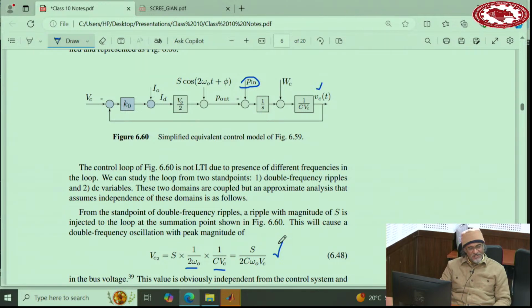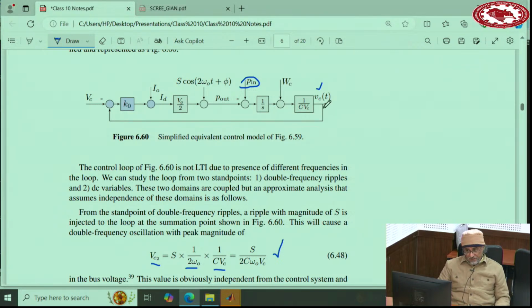So the same equation now we derived here. And by the way, this double frequency voltage on the capacitor is completely a physical component. The control cannot do anything about it. It depends on power, the capacitance, the frequency, and the capacitor voltage. No control parameter is here. And that makes sense. It's a physical aspect of the system.